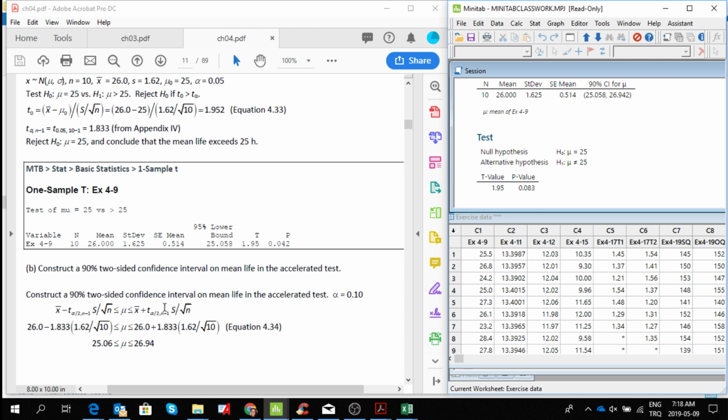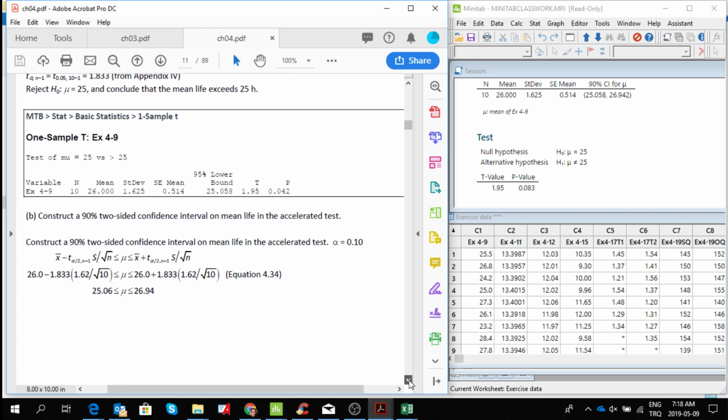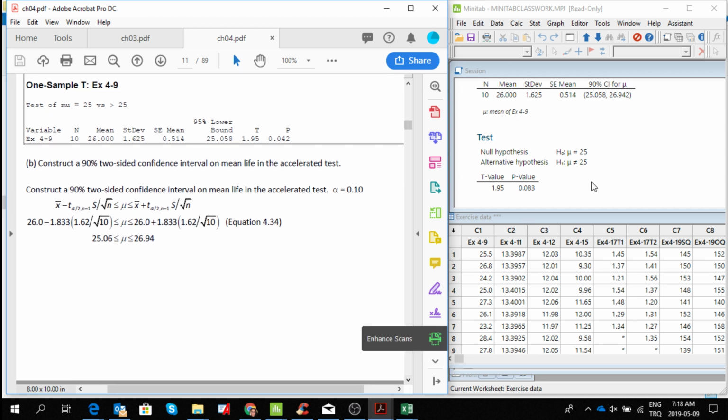So they didn't do the Minitab test in part B, so we don't have the results for them. I don't think we do, but we have it here, and we compare the p-value with the alpha. Alpha is 0.1, it is bigger than the p-value, and we are going to say for any alpha bigger than the p-value, we reject the null hypothesis, and that's the end of the question.